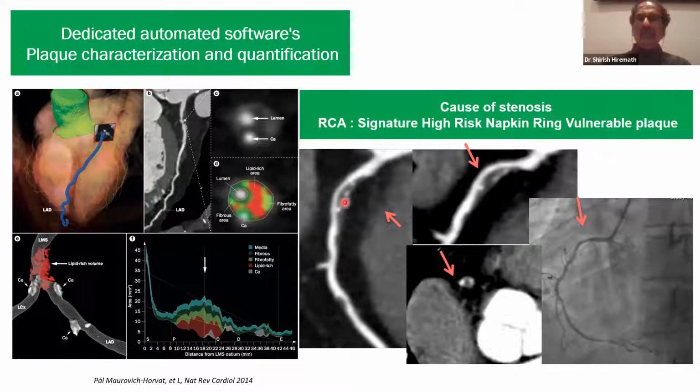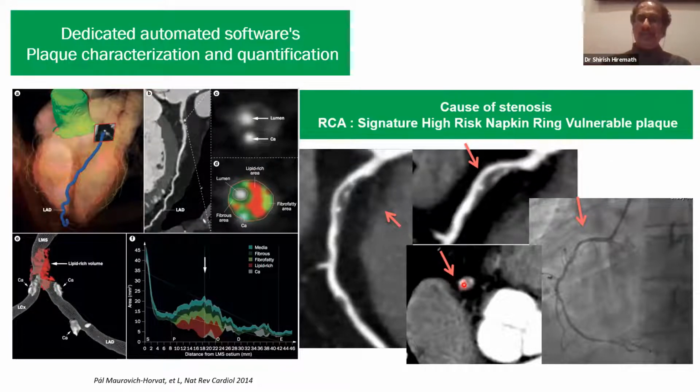You can see the lesion and you can see the cross-section of the lesion. And this is a napkin ring calcification, which again tells you that this lesion is likely to be important because it can give you an event in near future.